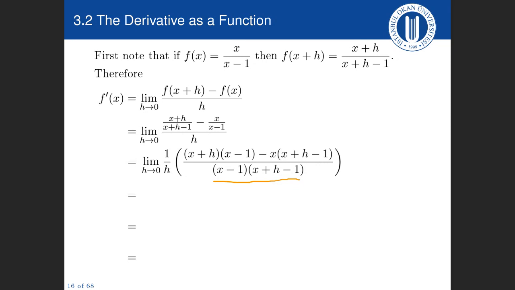So what do we have on the top? Well, we have x minus 1 multiplied by x plus h, just here. And then we get x multiplied by x plus h minus 1, just here. And we had an h on the bottom. I still have a 1 over h.